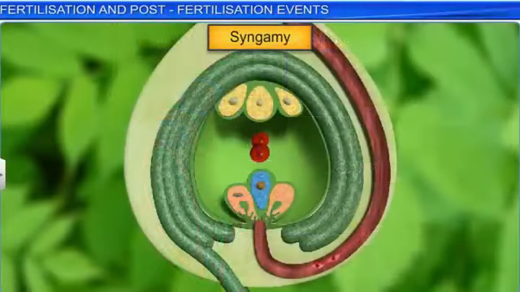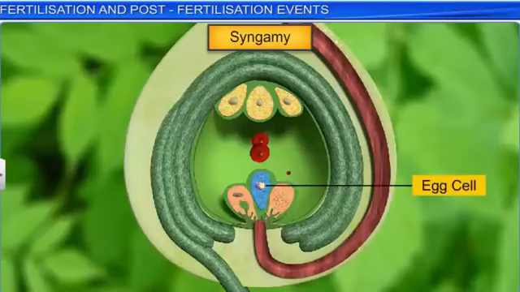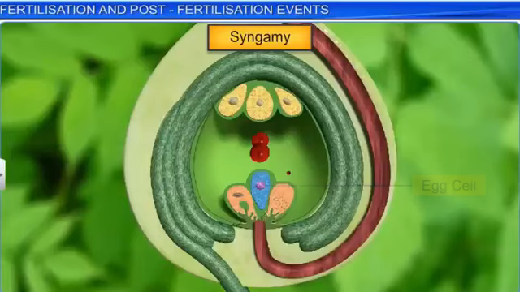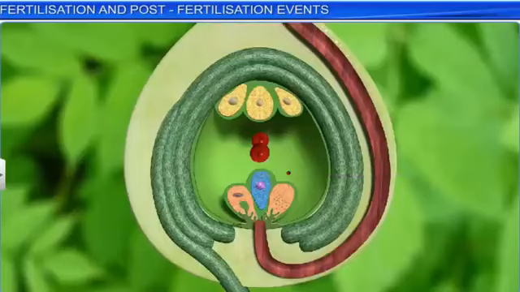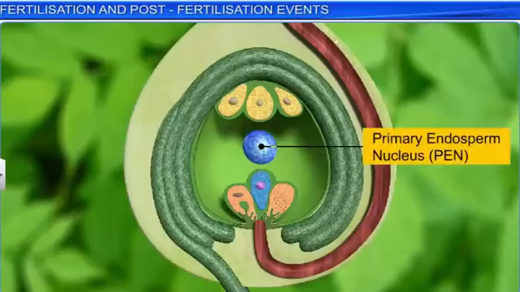Of the 2 male gametes, one enters the egg cell and fuses with its nucleus. This fusion, known as syngamy, or first fertilization, results in the formation of a diploid zygote. Meanwhile, the other male gamete moves towards the 2 polar nuclei and fertilizes them to produce a triploid primary endosperm nucleus, or PEN.